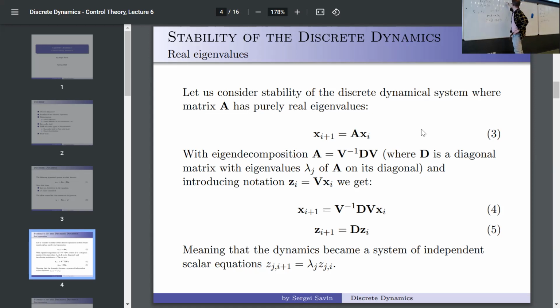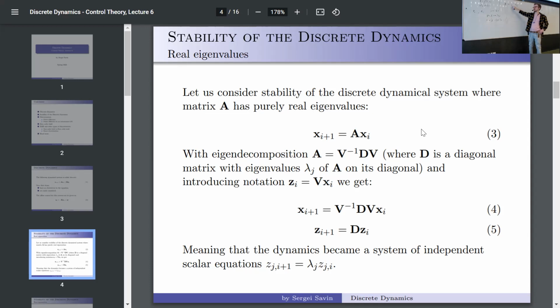So let's say matrix A has strictly real eigenvalues, and we assume that it has this decomposition. For this decomposition, where D is real, it has to have strictly real eigenvalues.